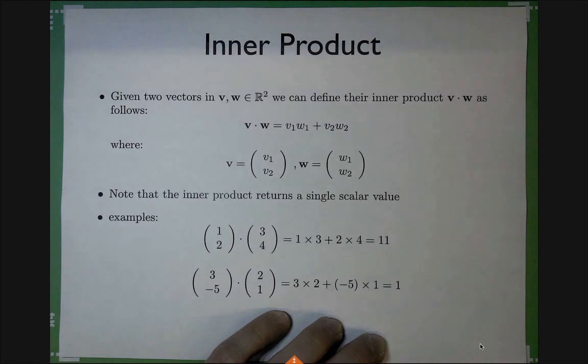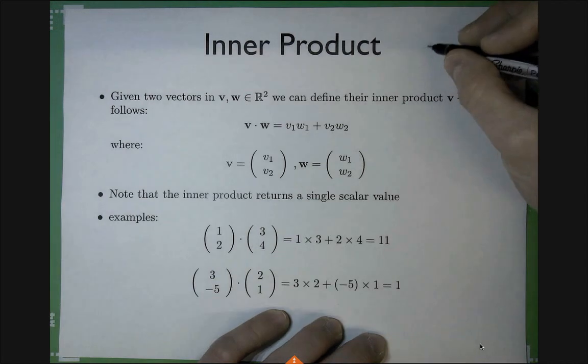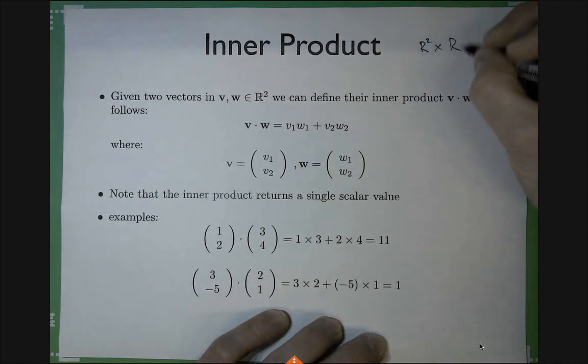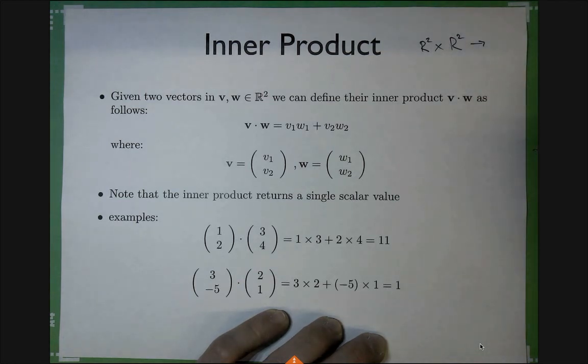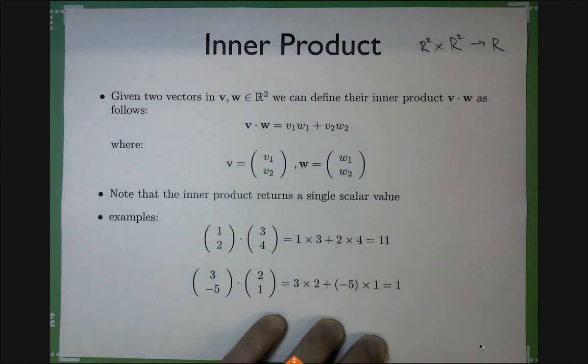If I was going to write it using the Cartesian product notation, what is inner product? If I'm in R2, let's stick with R2 for this slide, then inner product is an operation which takes in one vector, another vector, and gives me what? R, yeah, it's just a scalar, yes.